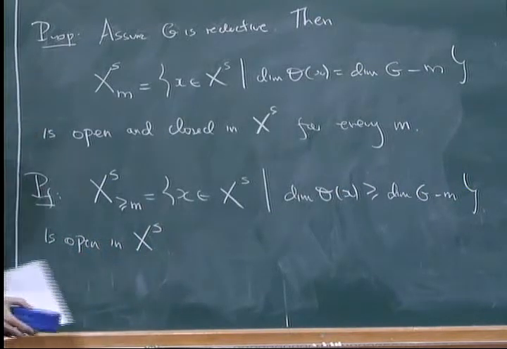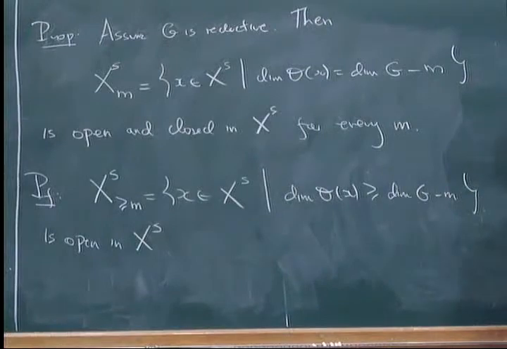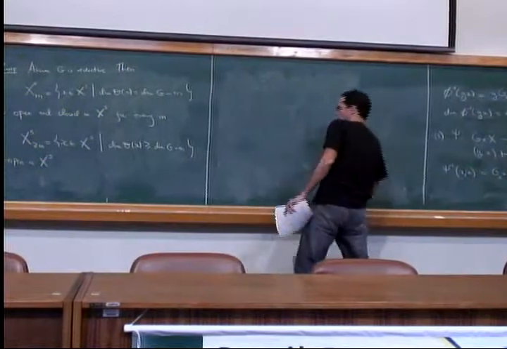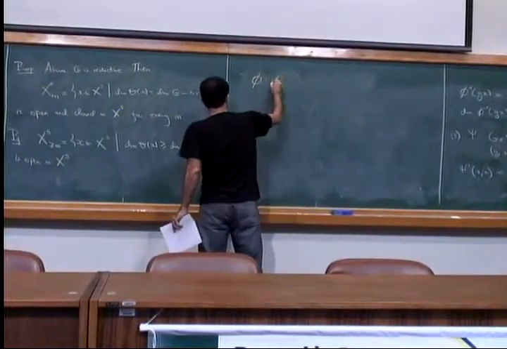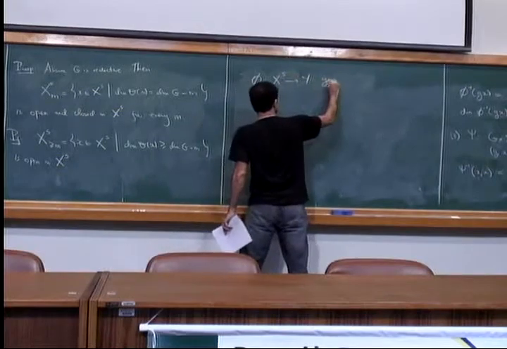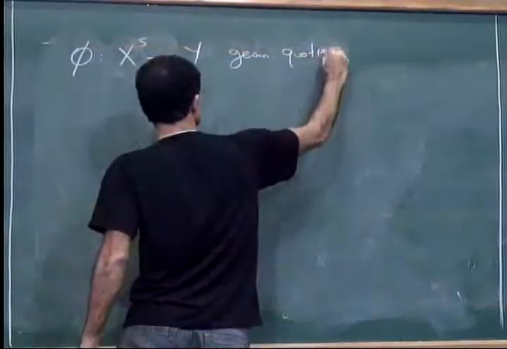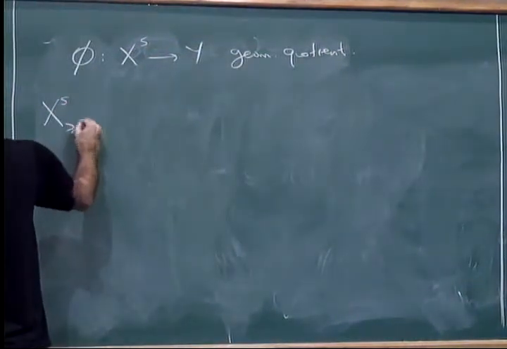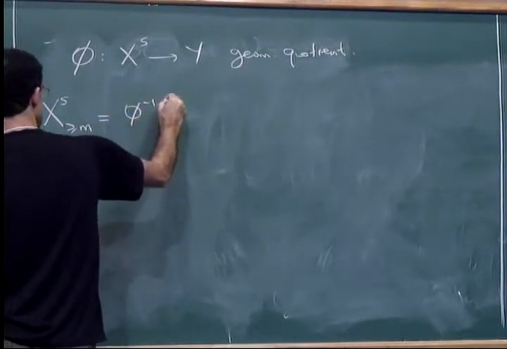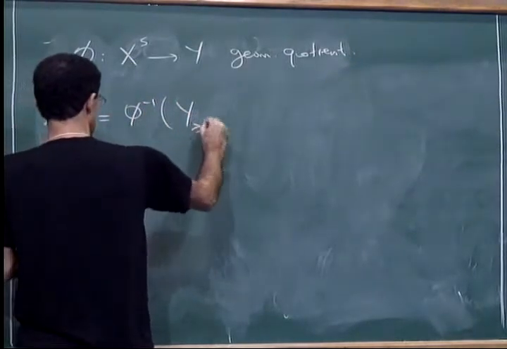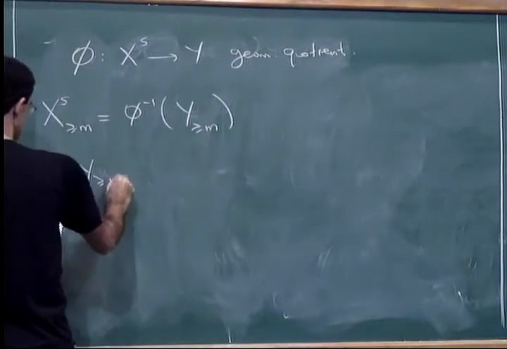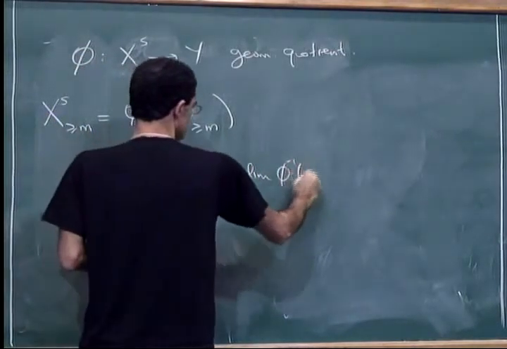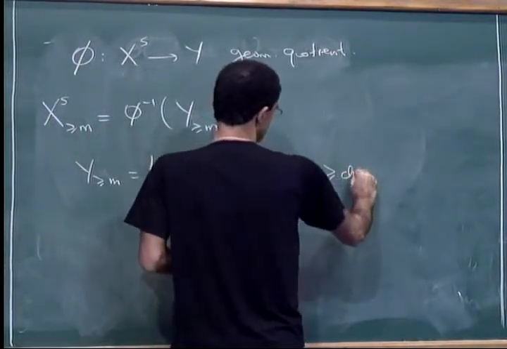Okay, so that's general. You don't need any condition on the group. But as I mentioned, for X^s, there is the geometric quotient. So if I pick the geometric quotient, then the fibers are the orbits. So you see that this set here is the same thing as the inverse image of what I'm going to call this way. And this is the set of points such that the fibers have dimension at least dim G minus m.